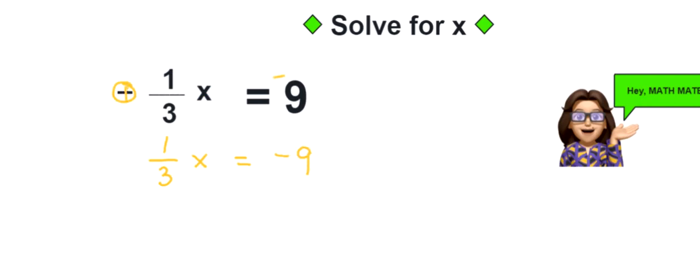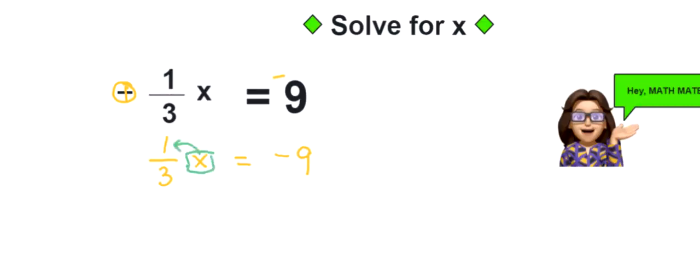Now I have another little trick for you here. If you've watched my videos on tips, this would be very helpful to you. When you have something on the side of the equation, see how I have this 1/3 times x? You can take this x and put it on the top.